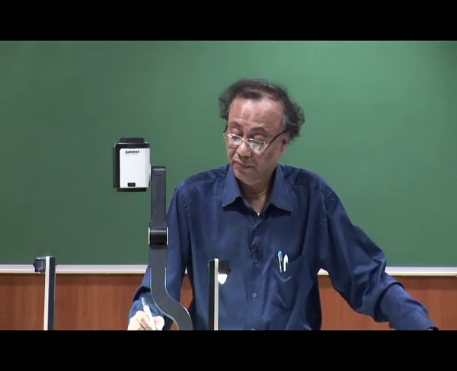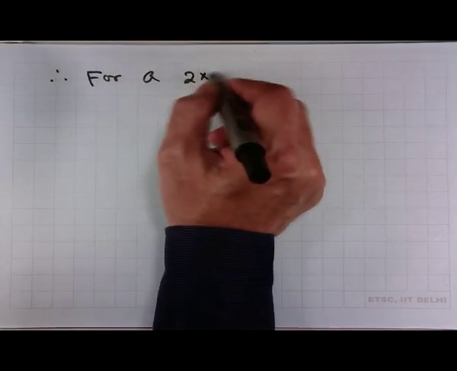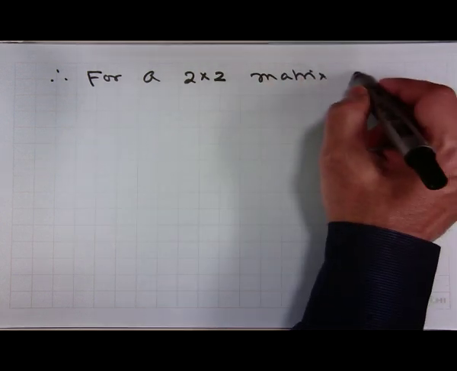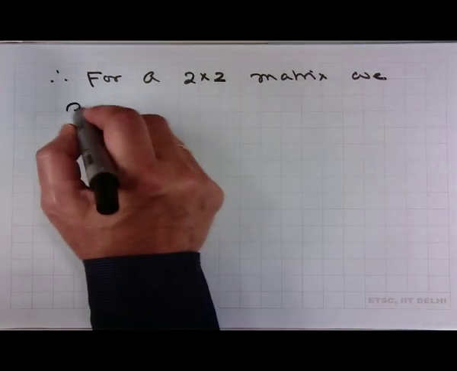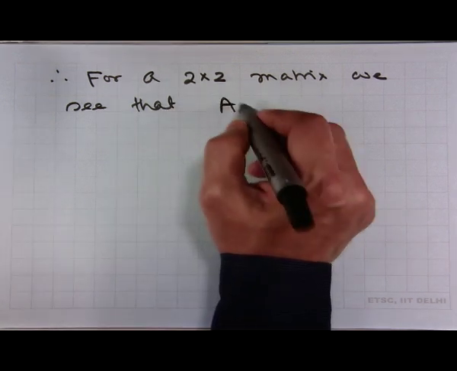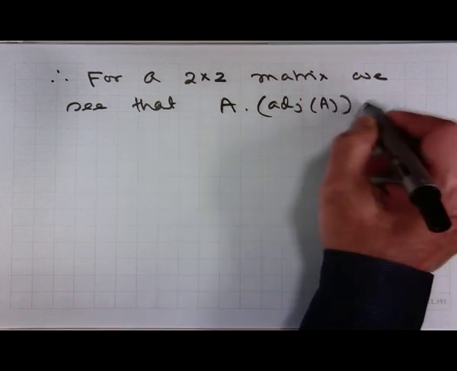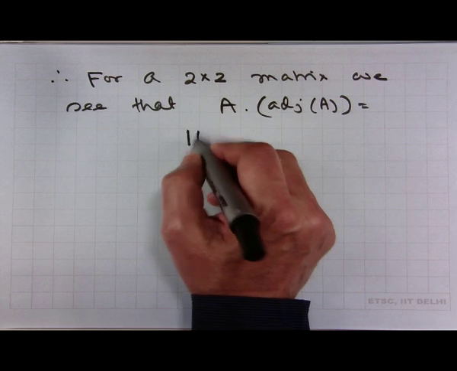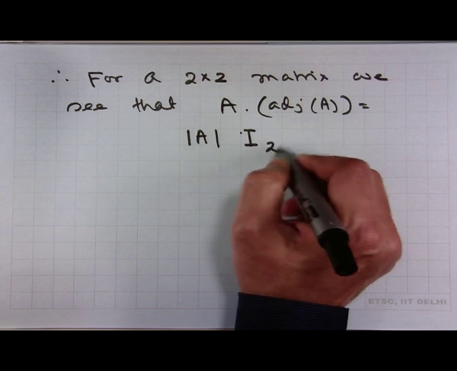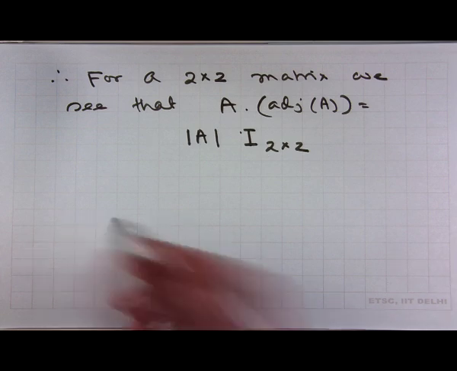Therefore, for our 2 cross 2 matrix, we see that A into adjoint of A is equal to determinant of A into I, which is the identity matrix of size 2 cross 2.